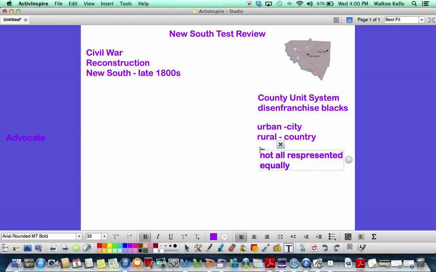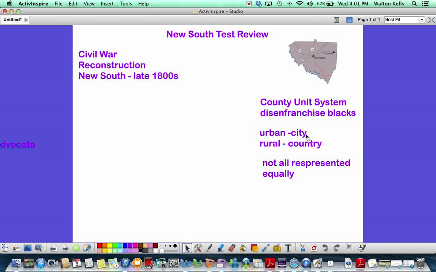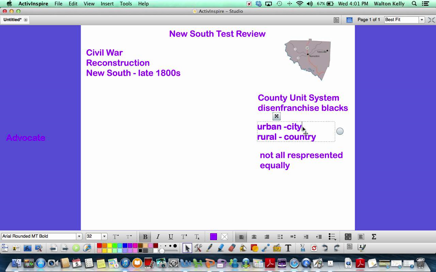For an example, if you lived in the city, which most blacks did, then they only received two votes. And if you're in the country, I think you got around six votes or something.